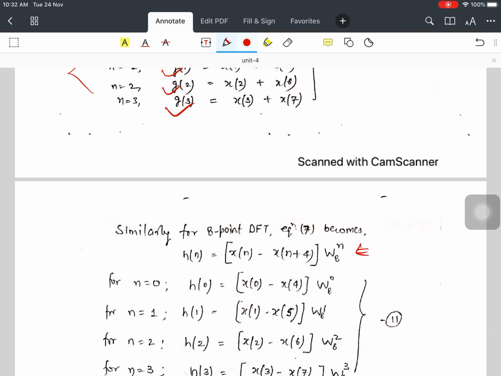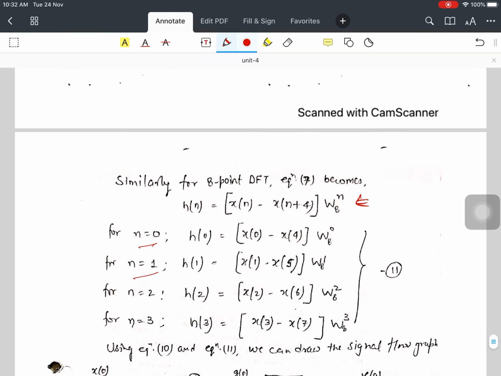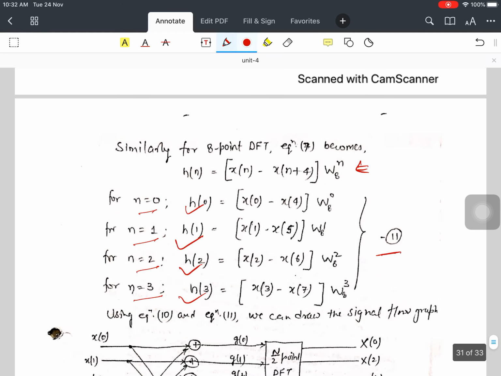So, when you put N equal to 8, h[n] equal to (x[n] minus x[n+4]) W_8^n. Now, for different n values, that is going from 0 to 3, n equal to 0, 1, 2, 3, we have h0, h1, h2, h3. So, we have calculated these values, equation number 10 and equation number 11.